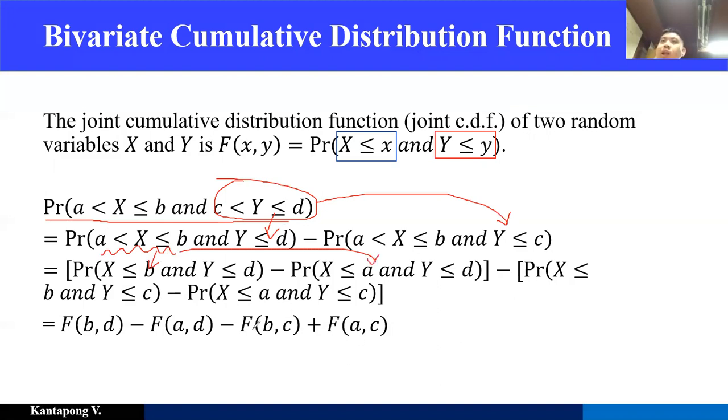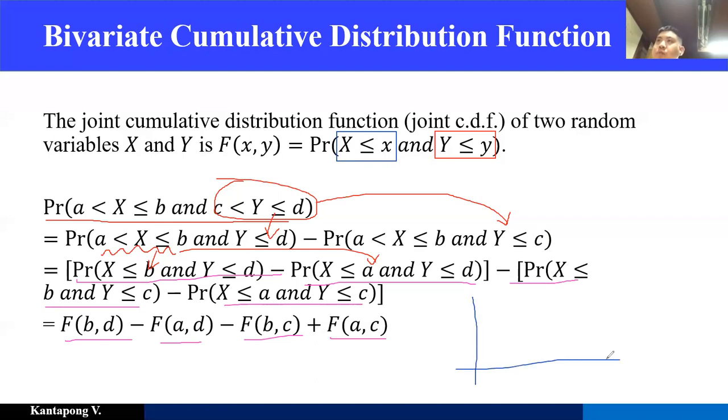Similarly, this chunk is FBD, this chunk FAD, this chunk BC, this chunk is AC.